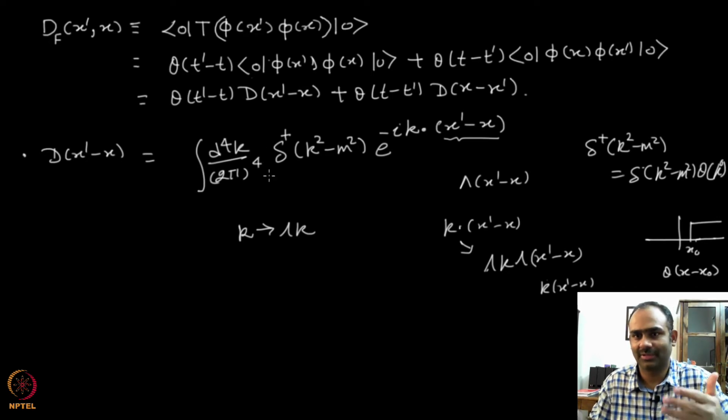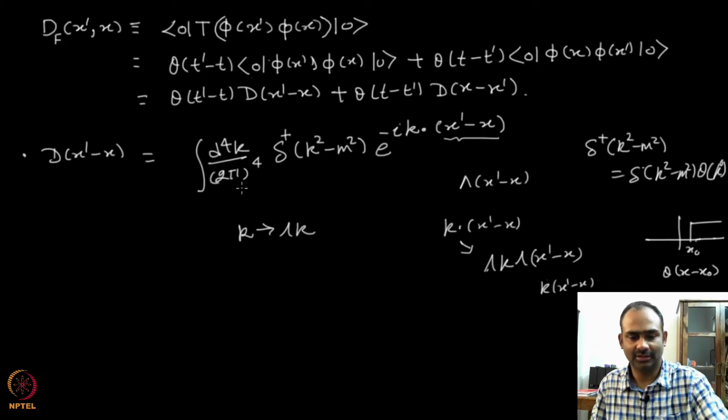So you can relabel the variables and get back the same equation. So we saw that this is Lorentz invariant.